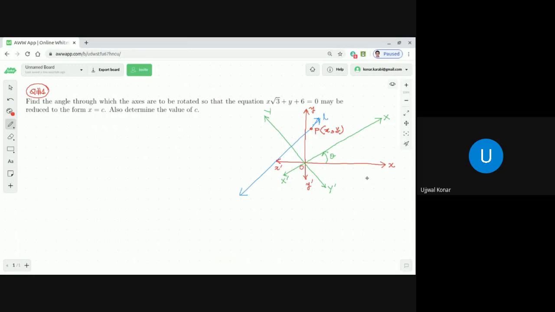With respect to the new coordinate axis, which is in green color, its coordinates become x dash, y dash.